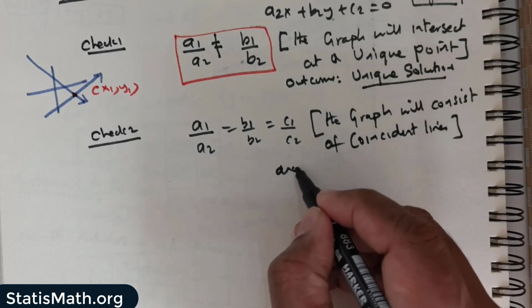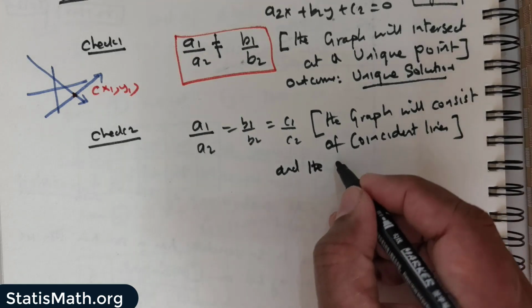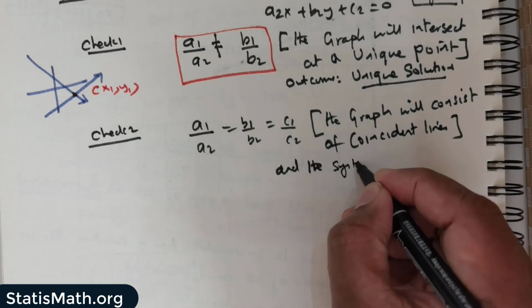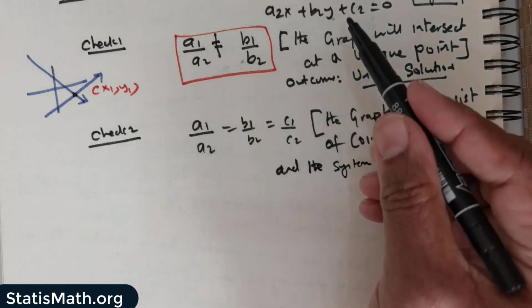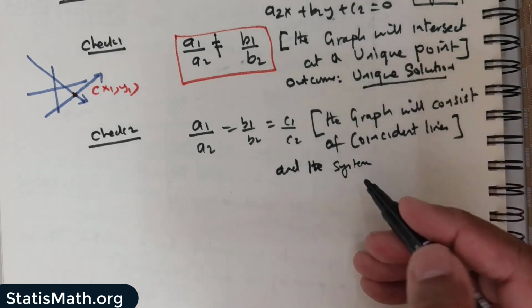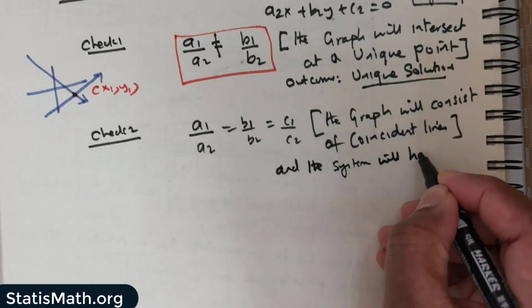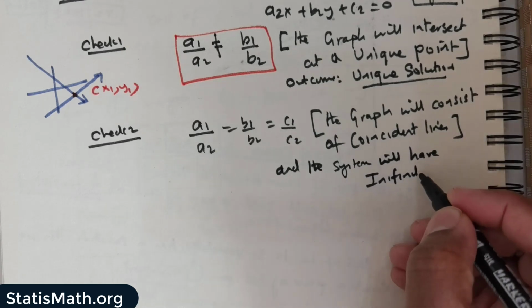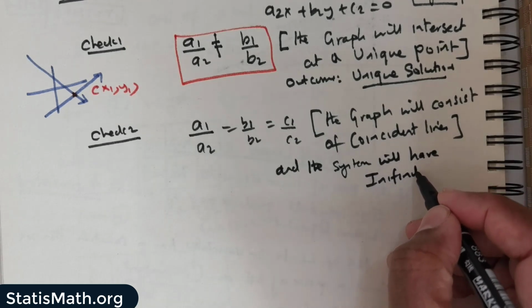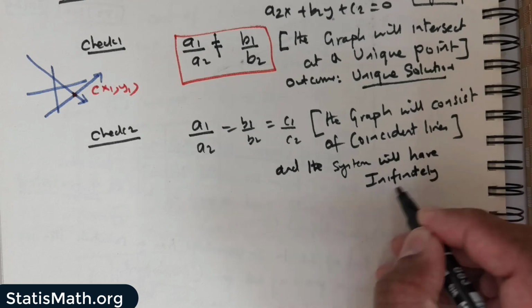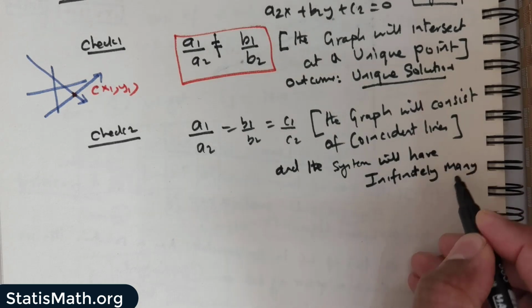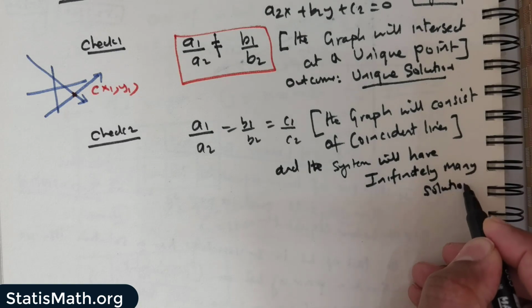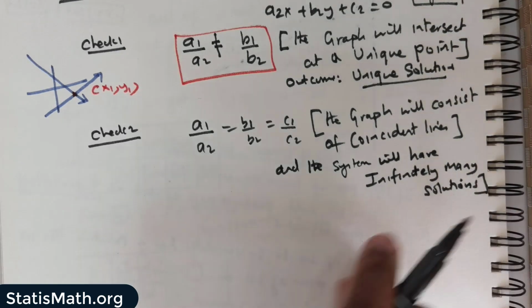And the system, as I mentioned, when I use the word system it means the pair of linear equations, will have infinitely many solutions.